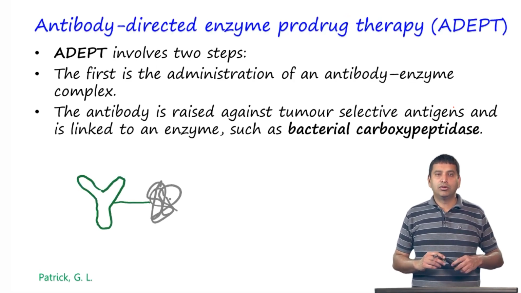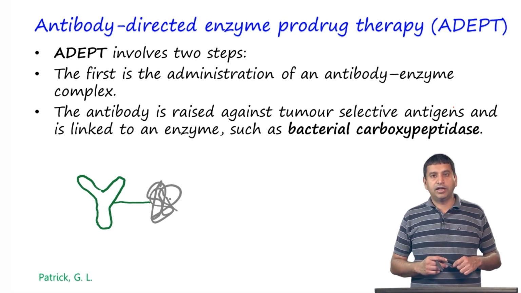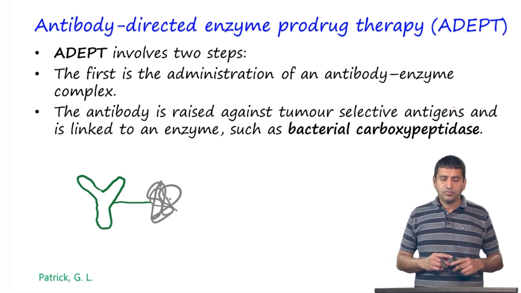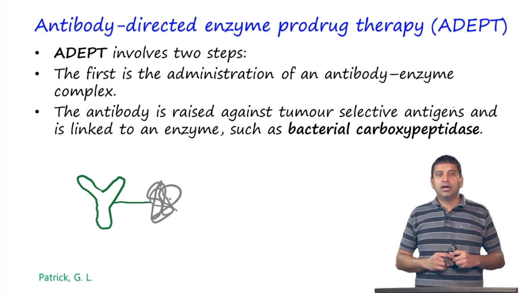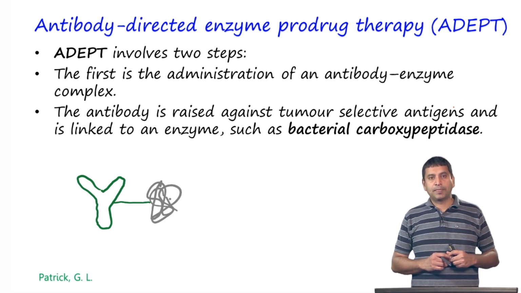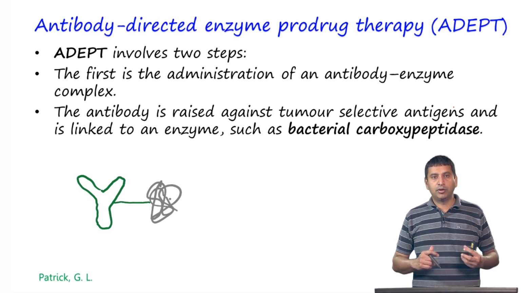Using this concept, another whole field of prodrug therapy has been developed, called antibody directed enzyme prodrug therapy, or ADEPT. There are two important steps. The first is to make an antibody enzyme complex.